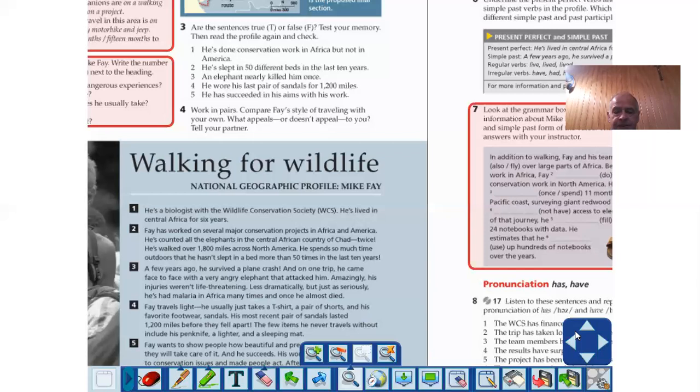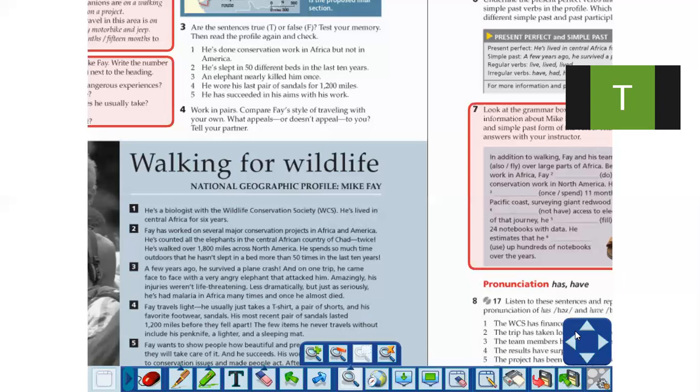He spends so much time outdoors that he hasn't slept in a bed more than 50 times in the last 10 years. A few years ago, he survived a plane crash, and on one trip, he came face to face with a very angry elephant that attacked him.